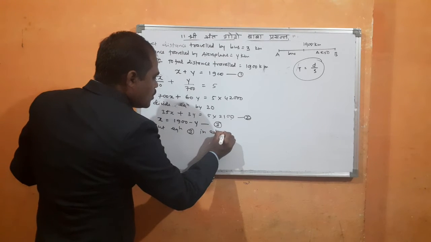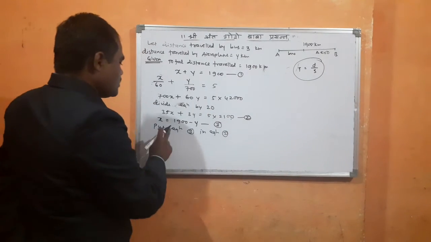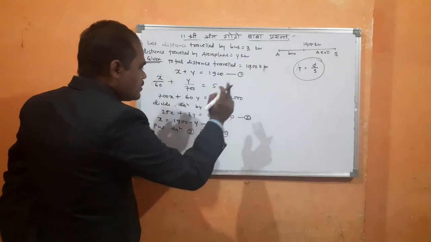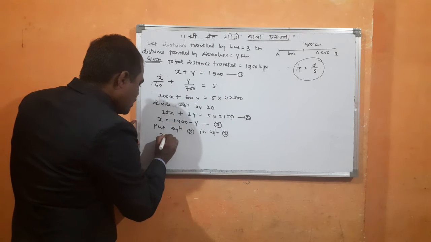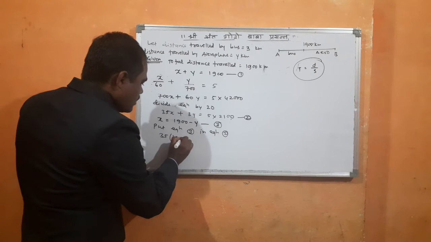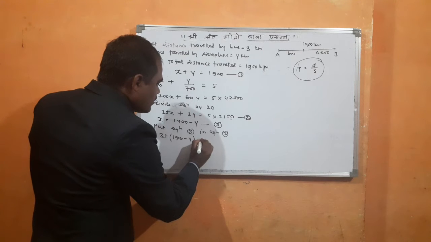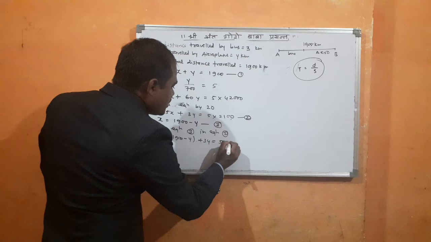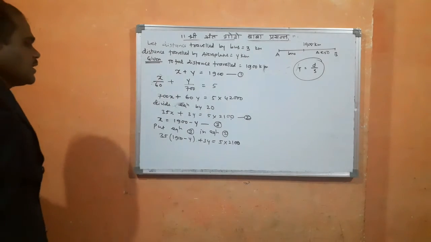Put equation 3 in equation 2. That means you can write, put x is equal to 1900 minus y in equation 2. Okay. So 35 in bracket 1900 minus y plus 3y is equal to 5 multiplied by 2100.